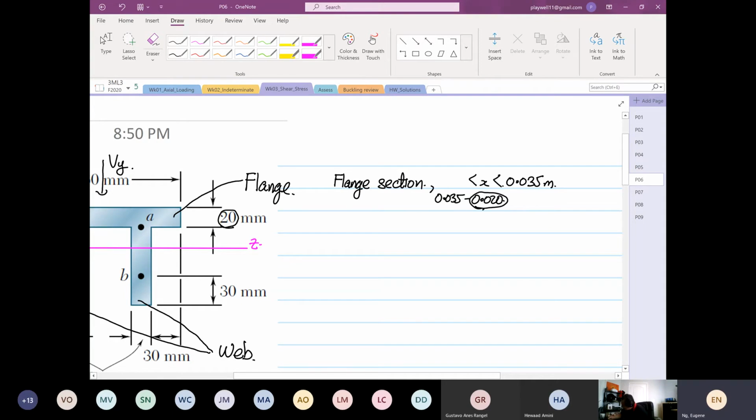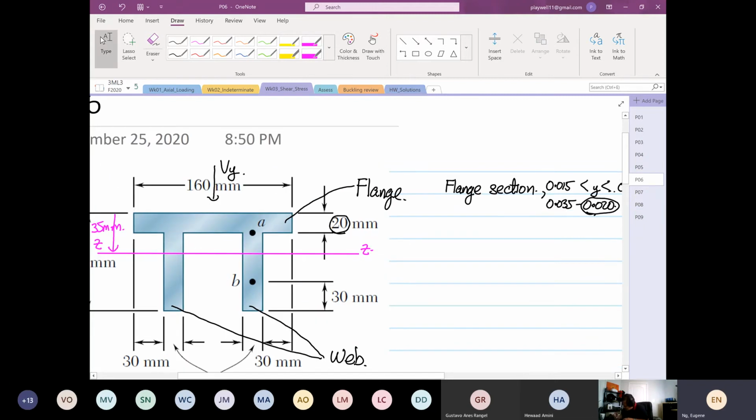So we are going to have a limit from 0.015, sorry, not x, it's y, I do apologize, to 0.035. So that is the limit that we're going to form. Basically, for this flange section, we are going to look at this region.